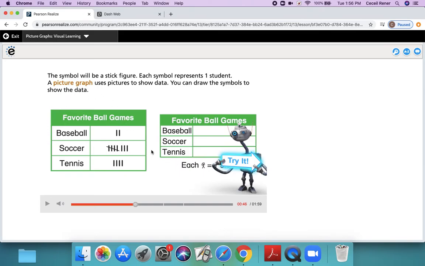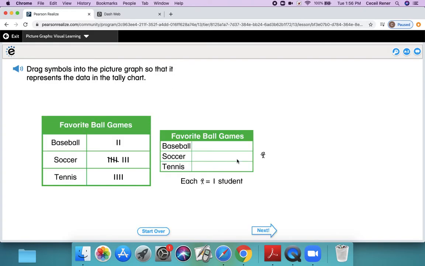Okay, so here we have, this is going to be our picture graph right here. And we're going to draw symbols to show the data. Here is our symbol. It's a little stick figure. And each stick figure equals one student. And it's important that we know that. So it says drag symbols into the picture graph so that it represents the data in the tally chart.